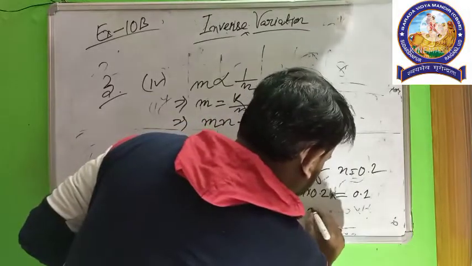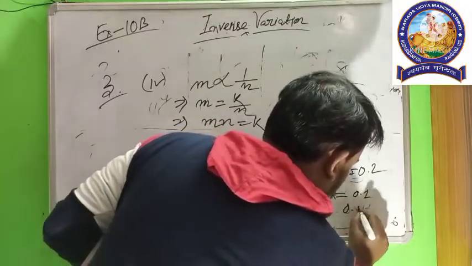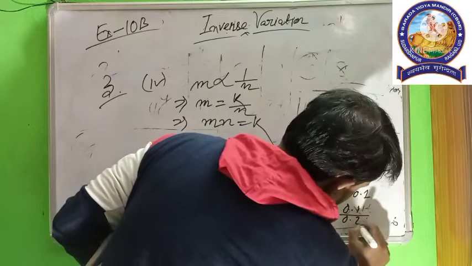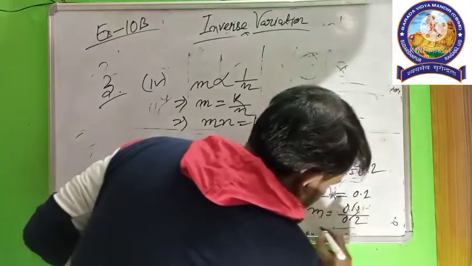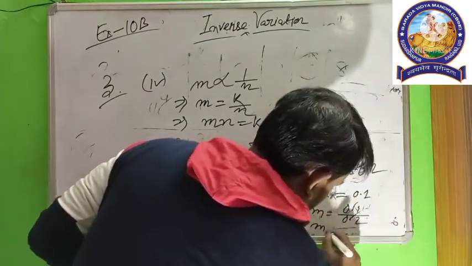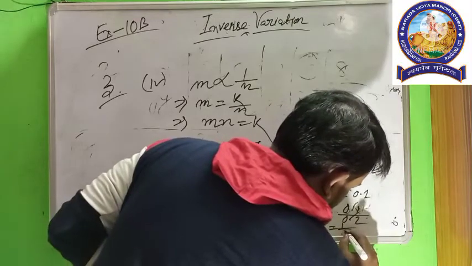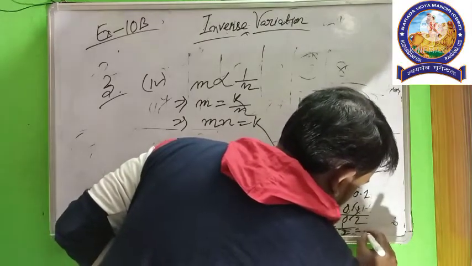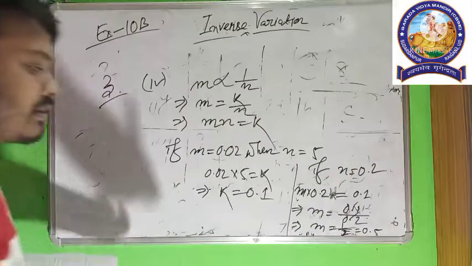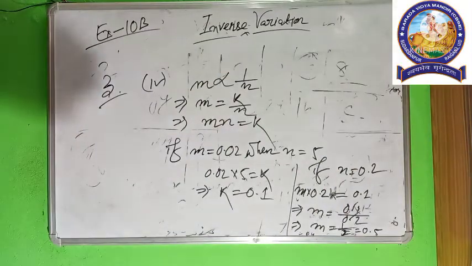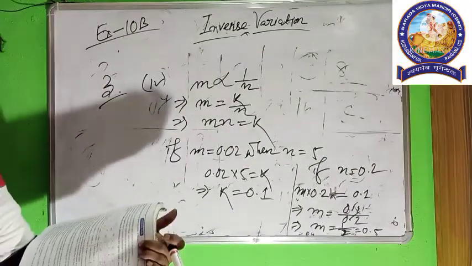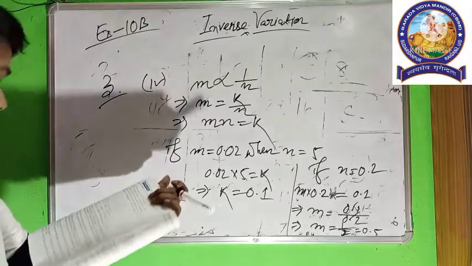So M equals 0.1 by 0.2. So we move one decimal place. So M equals half, or 0.5. Okay, 1 by 2 means 0.5. Similarly, you can solve all the sums from question number 3.